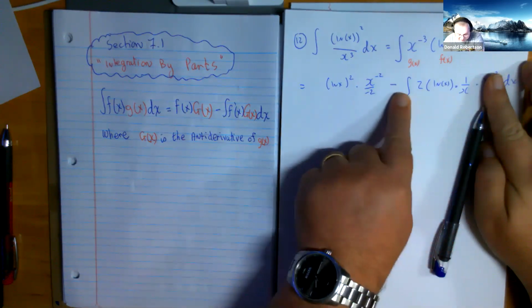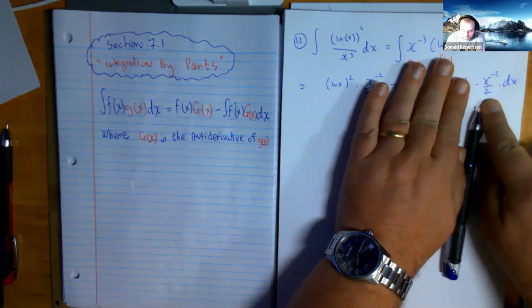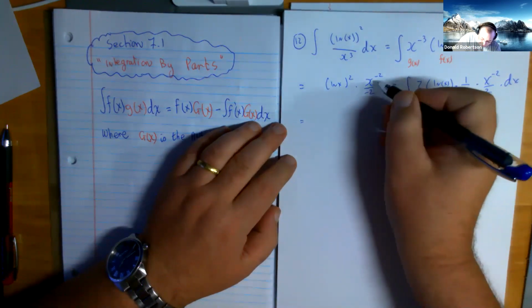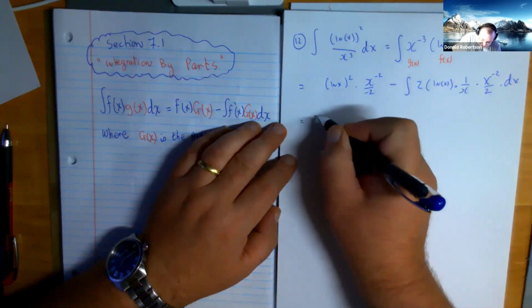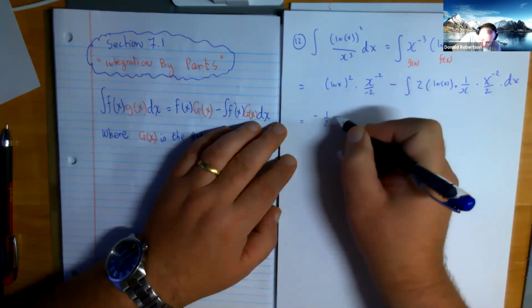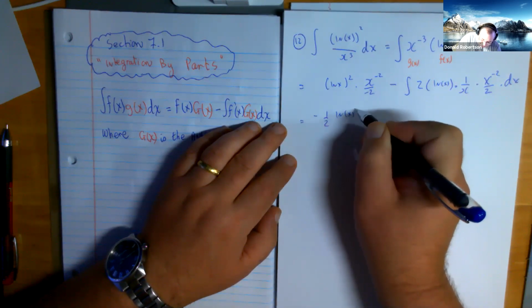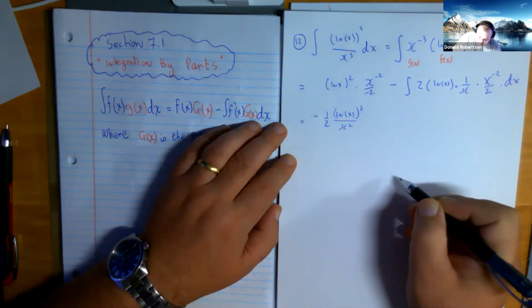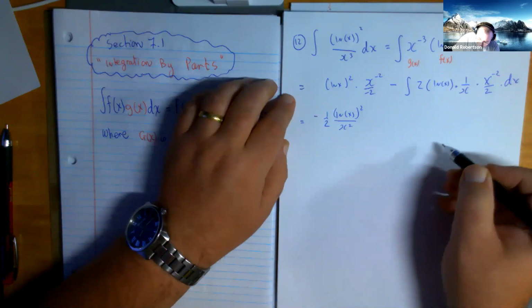So that's f dashed of x, and this here is capital G of x. Let's make it look pretty. -1/2 natural log of x squared over x squared. That makes it look more like this guy.